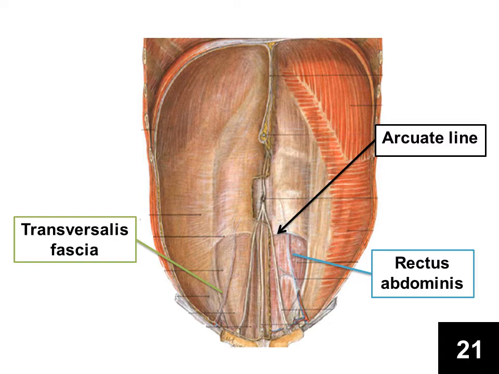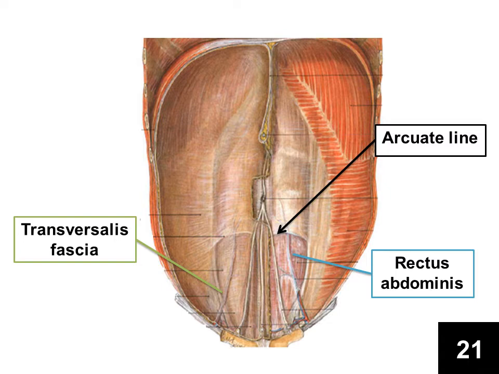We said that the aponeuroses of the three muscles, external oblique, internal oblique, and transversus abdominis, in the lower quarter all pass in front of rectus abdominis. Therefore here the rectus is covered only by a fascia, the transversalis fascia.